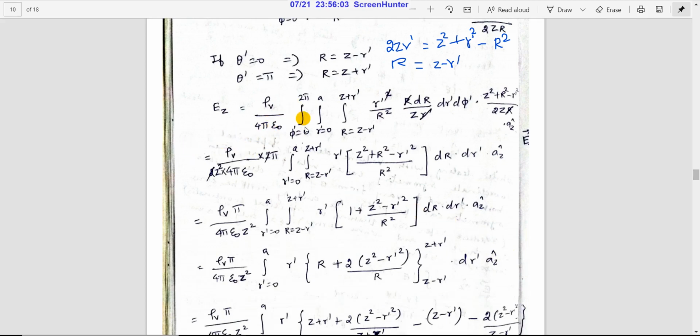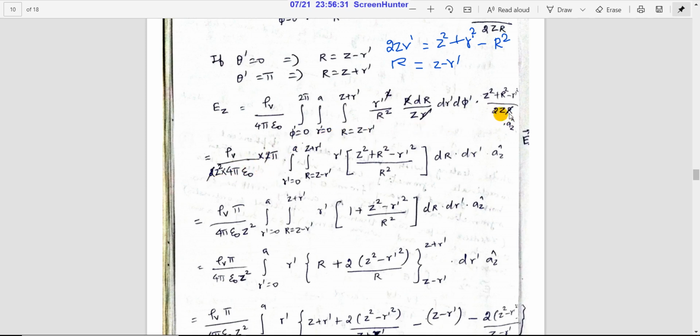Now you just integrate with respect to phi dash, because we are having a term called d phi dash here. If you integrate this, 2 pi minus 0 will be the only value, because we don't have another term for phi dash, so you can substitute 2 pi.